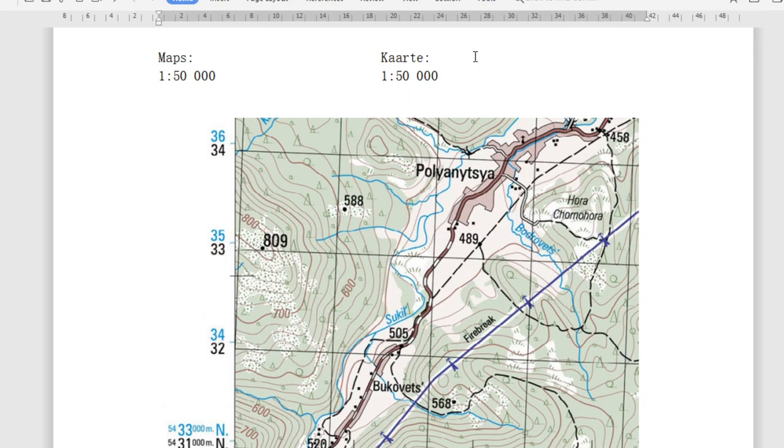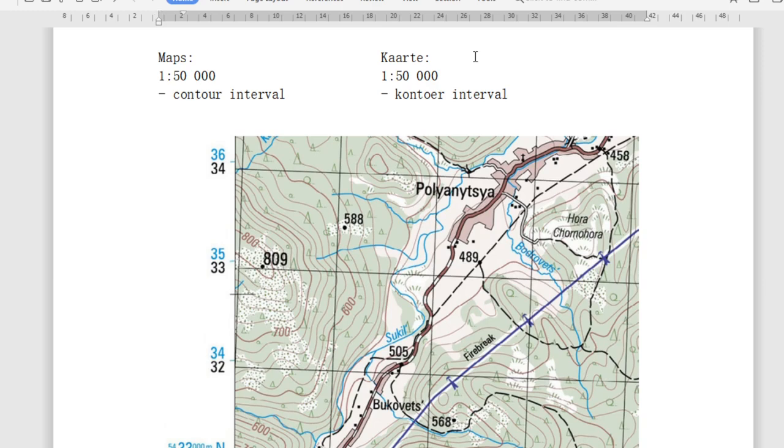And on these maps, the contour interval, so die contour-interval is 20 meters. So daar's 20 meter tussen elke contourlyn. Okay, and the contour interval is basically the spaces between the contour lines.